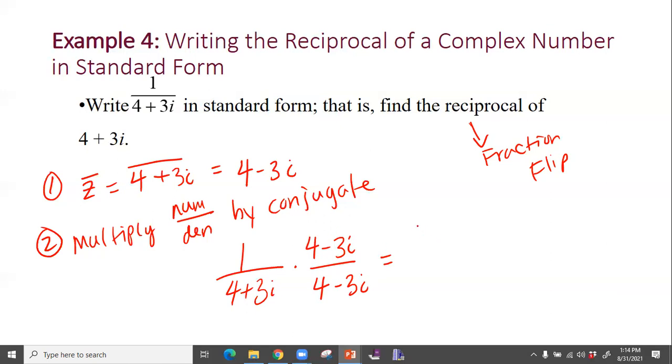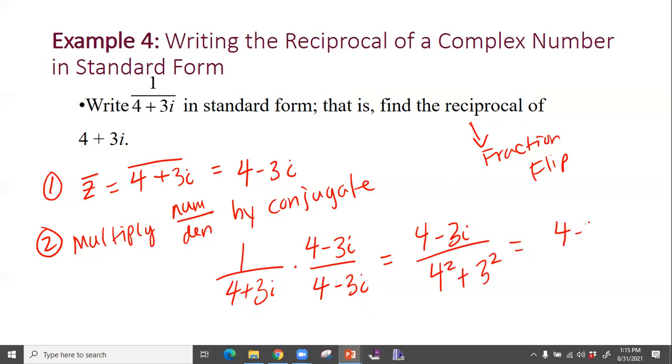And what did we say? What did our theorem say happens when you multiply a complex number times its conjugate? There you go. You get 4 squared plus 3 squared.